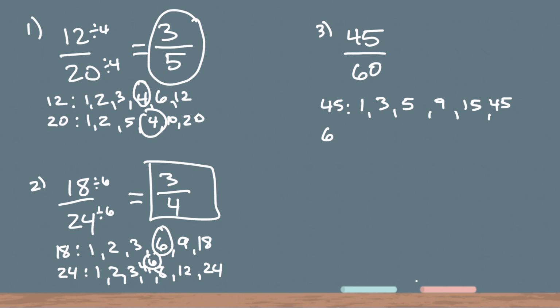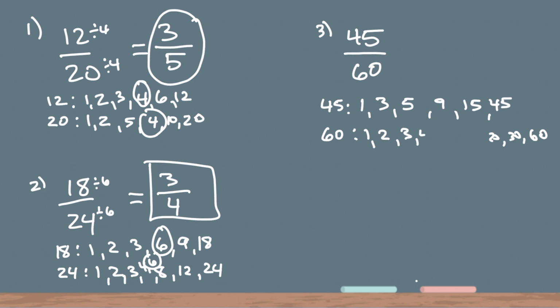Now let's do the factors of 60. This one is a bigger number, so it's going to take us a while. I'm going to spread it out as far as I can. We have 1 times 60 is 60. 2 times 30 is also 60. 3 times 20 is 60.